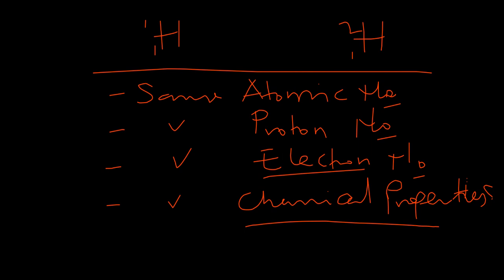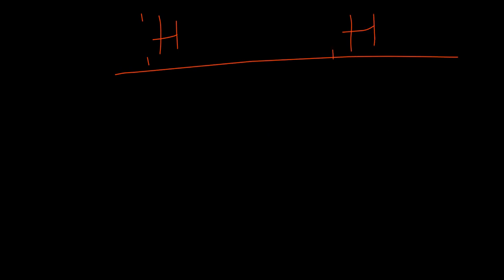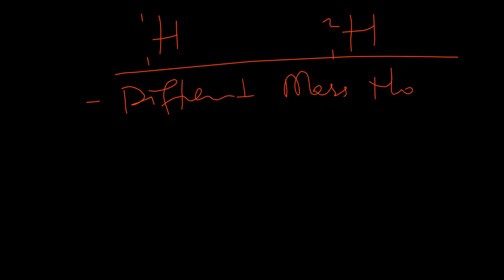But the question is, how different are they? So let's try that one. We have isotopes of the same hydrogen, and we have another one here. So these are two isotopes. What do they have that differs? One, we know that they have different mass numbers. Of course, we know that the difference in mass numbers is as a result of the difference in their neutron numbers.